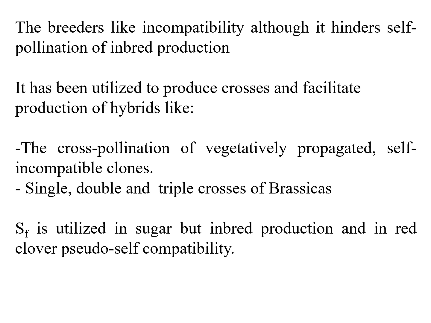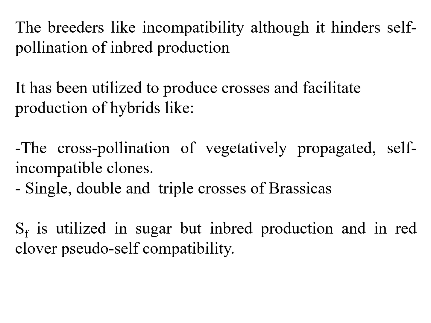For example, in many vegetatively propagated plants, self-incompatibility was used for making crosses to produce hybrid seeds. We use it in single, double, and triple crosses of brassica, which I will explain later.